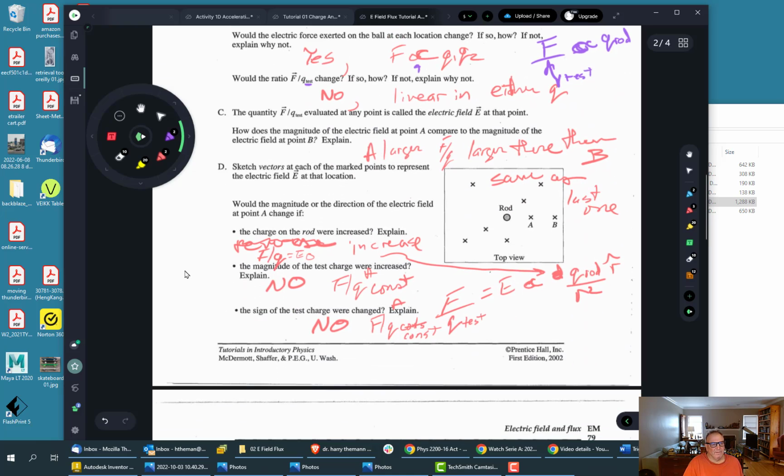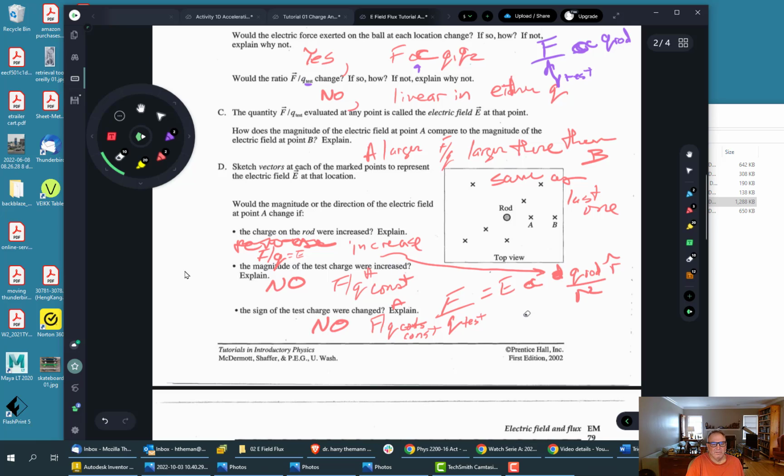What else? What if the charge in the rod were increased? Then F over Q, which equals E at point A, would increase. I was starting to write the proportional symbol.